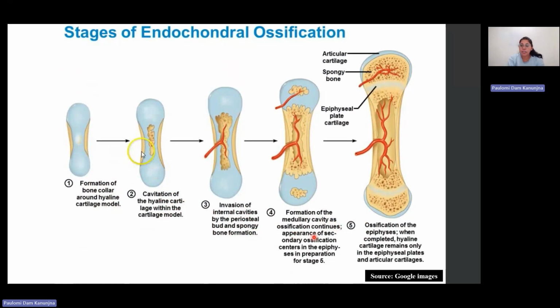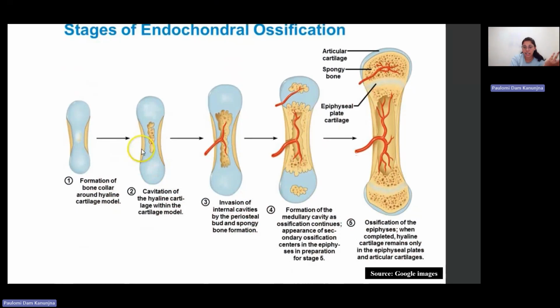Then you have the appearance of secondary ossification centers, for example, the epiphysis. So it starts from here and keeps growing, forming different other centers, which take up the job of elongating the process. And then you have these epiphyses, and whenever they are complete, hyaline cartilage remains only in those regions and everything else is bone, right? So endochondral is when you have it from the hyaline cartilage.